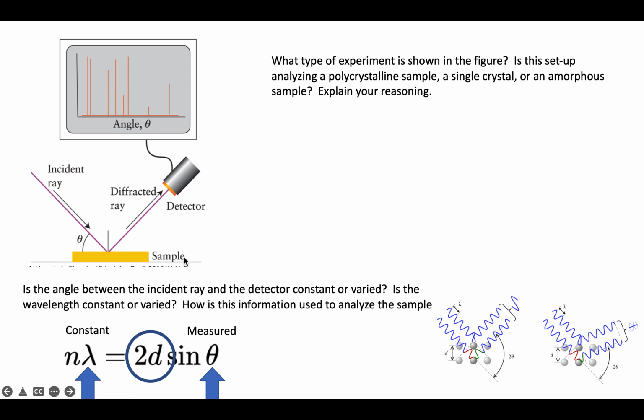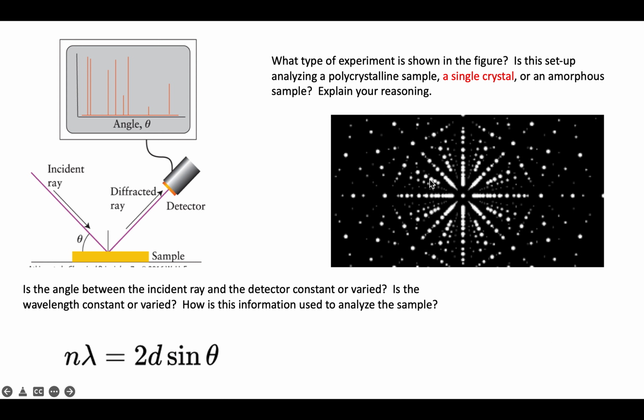Our goal is to get insights in terms of the d-spacing, which is the spacing between the different planes within the crystalline structure. That's what's giving rise to our constructive interference. If this had been a single crystal, the output looks quite different because we're getting information not just in this one angle, but from many different angles.